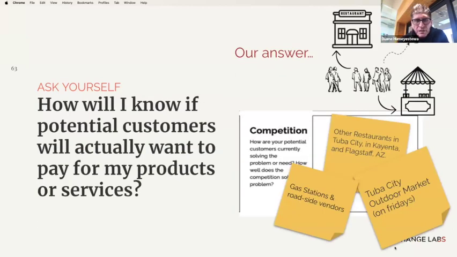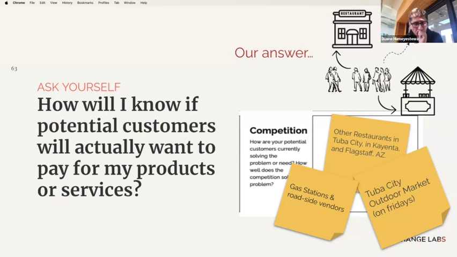And then this is back to that core critical question that we always present. How will I know if potential customers will actually want to pay for the products or services? As a part of that survey questionnaire, and fielding all those concepts from all the customers that you want to go after, it's asking yourself, will they actually pay for it? Will the customers actually pay for it?